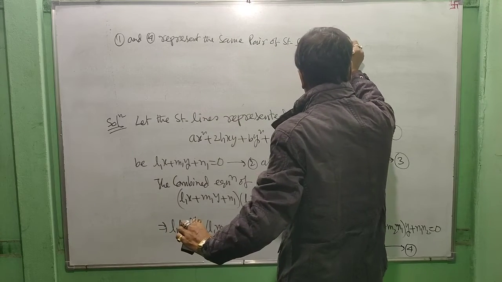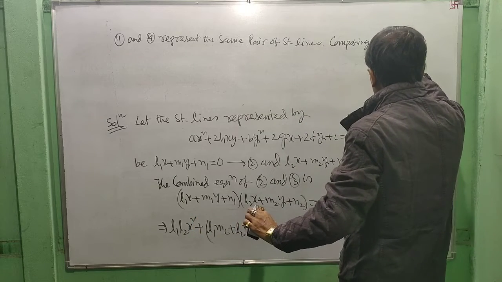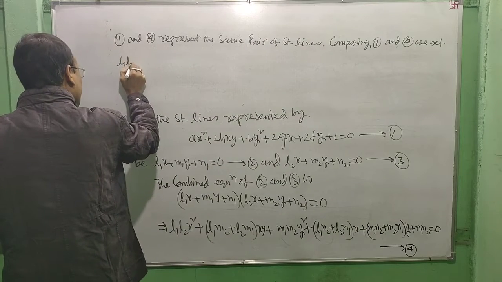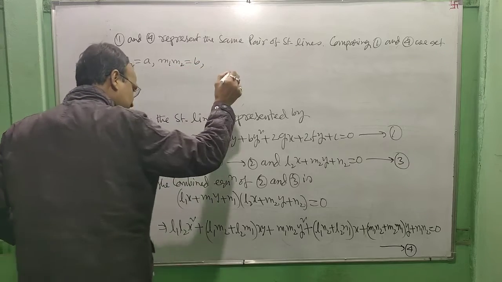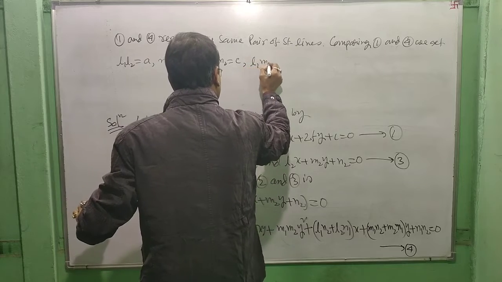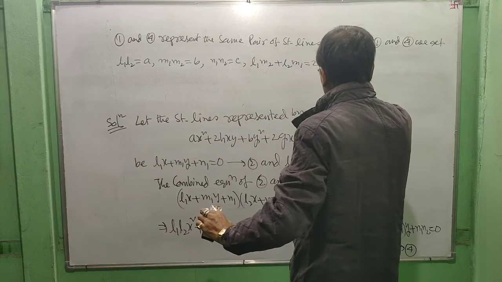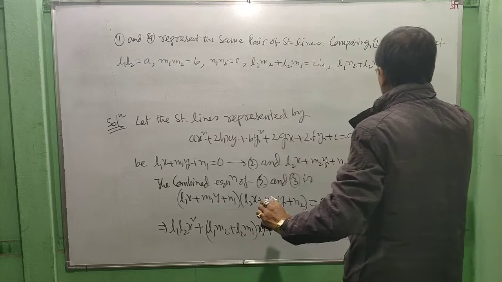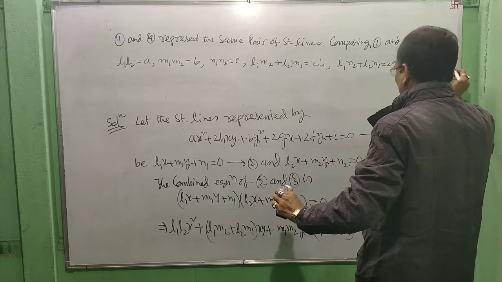Comparing 1 and 4, we get L1 L2 equal to a, M1 M2 equal to b, L1 M2 plus L2 M1 equal to twice h, L1 N2 plus L2 N1 equal to twice g, and M1 N2 plus M2 N1 equal to twice f.